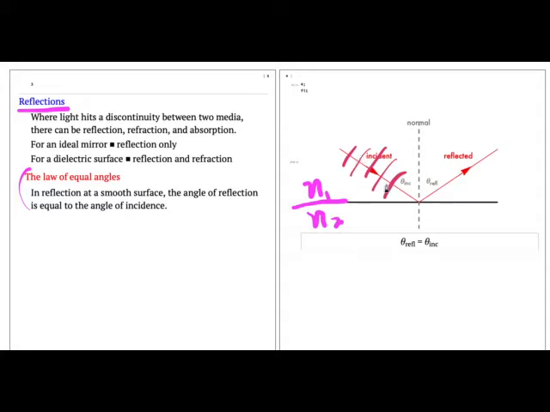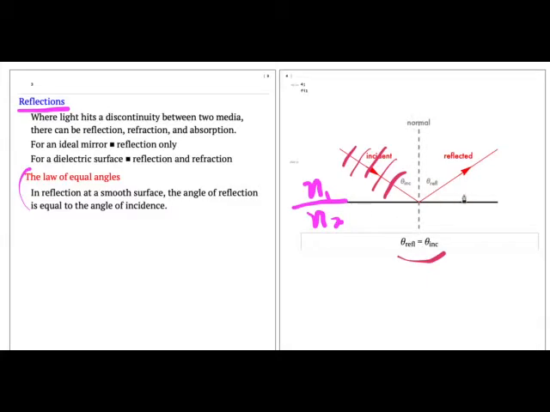And the law of equal angles says theta reflected is equal to theta incident. We measure these angles relative to the normal to the surface. That's the line perpendicular to the surface. So here's the surface, the discontinuity. Here's the direction perpendicular to the surface.